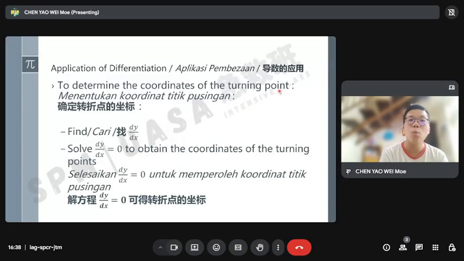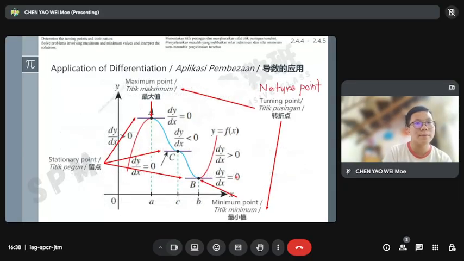But you need to know what they are, either maximum or minimum. If the picture is given here, it's very easy. All the points that just stay here we call stationary points. If the graph is moving like this, going up, we call that a maximum point.